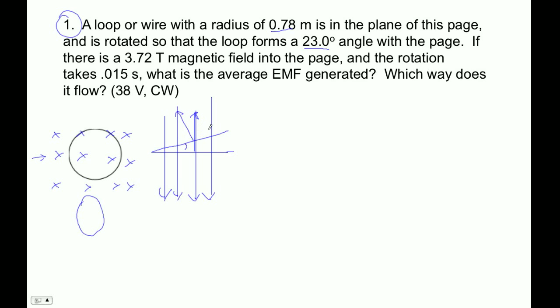So what's going to happen is that we start out with a flux of BA cosine of 0 degrees, and then we end up with a flux of BA cosine of, well, it turns out that this angle and this angle are congruent, so the angle between the area and the magnetic field is 23 degrees.